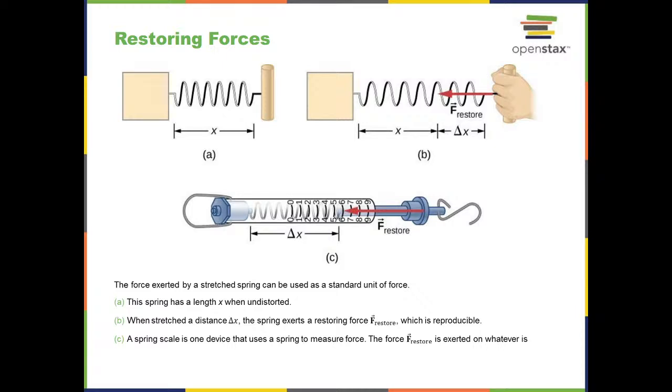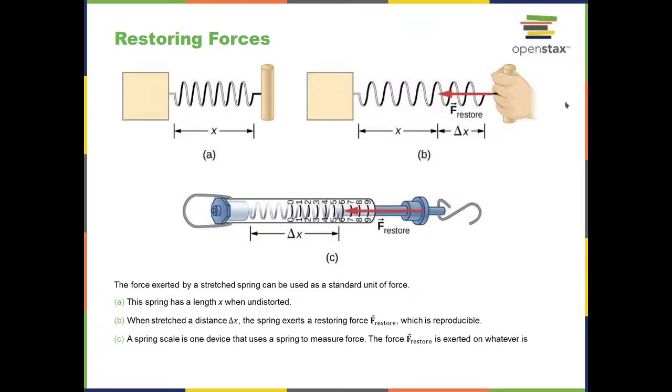So let's start with a different type of force, which is a restoring force. If we have a spring or a rubber band or something, there's an equilibrium length when you're not pulling on the spring. This is going to be the length of that spring. If I now pull on the spring, I apply a force on that spring that is pulling outwards.